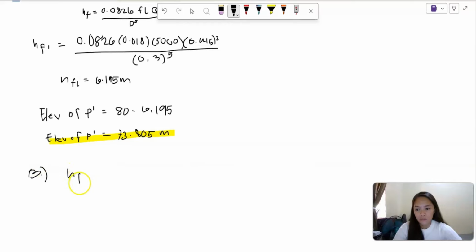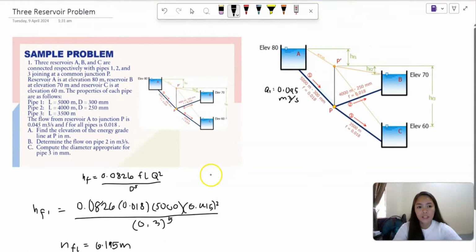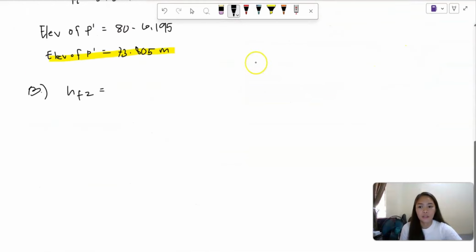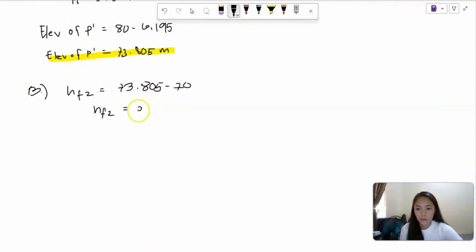HF2 is just the elevation of P prime minus the elevation of B, which is 70. So 73.805 minus 70. So HF2 is 3.805 meters.